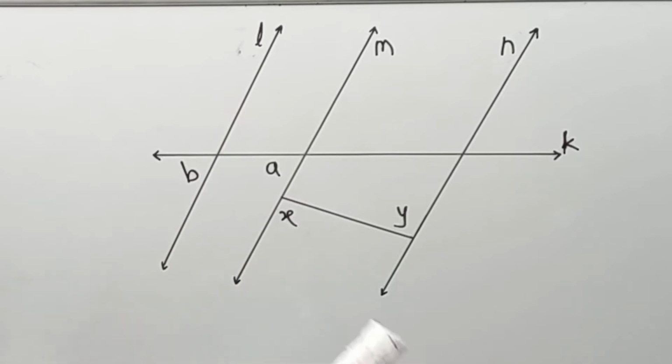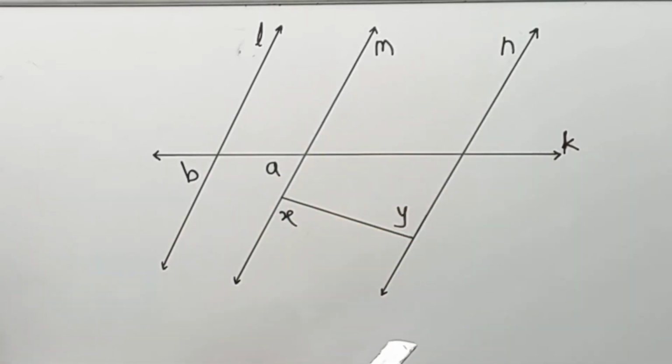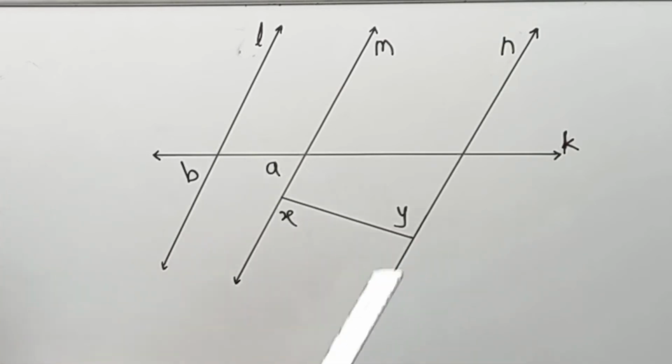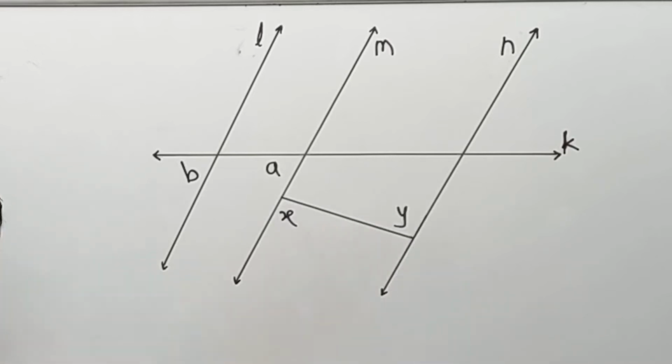In the second category, they have given angle X is congruent to angle Y. If angle X is congruent to angle Y over here, then you can see that lines M and N will act as parallel lines, and this line acts as a transversal. Automatically, angle X and angle Y are nothing but alternate angles.